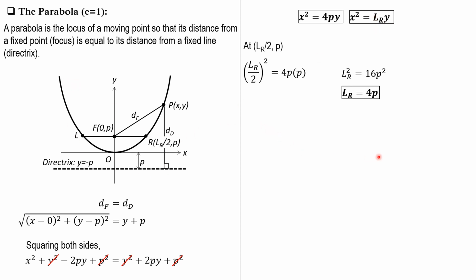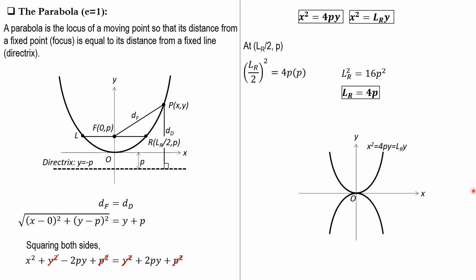So to write the other parabolas, let's have now the parabolas. For this parabola, the one that we derived, if it is open upward, it is x squared equals 4py, or x squared equals latus rectum times y. If it is open downward, then it is x squared equals negative 4py, or negative LR times y.